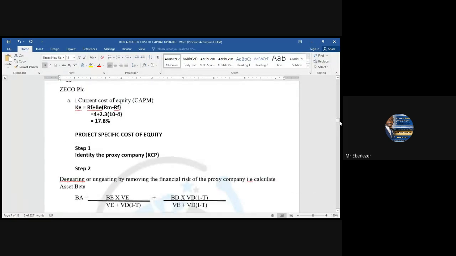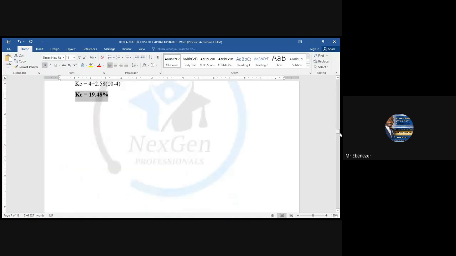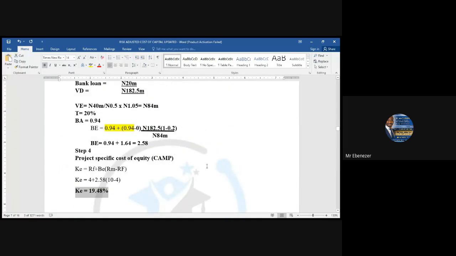Now, something should come to your mind, that there is a principle that says the higher the DCF, the lower the what? NPV. So if the company discounts with the project-specific cost of equity, the NPV will reduce, which makes sense because that project has already included what?